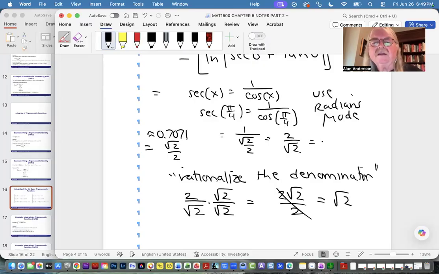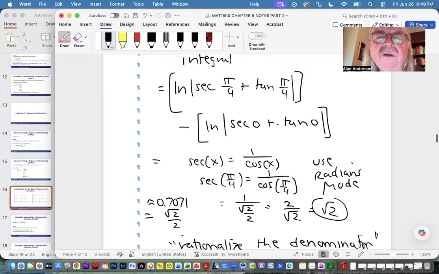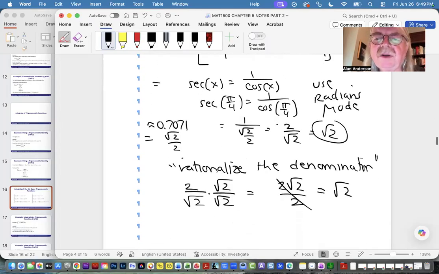So this is equivalent to radical 2, but that's just the secant of pi over 4. We also need the tangent of pi over 4.